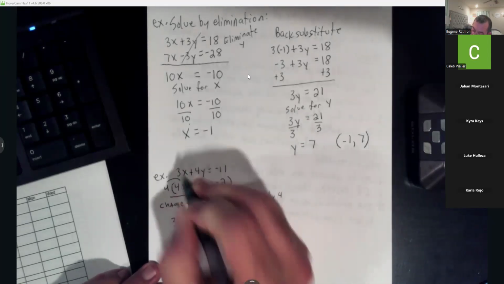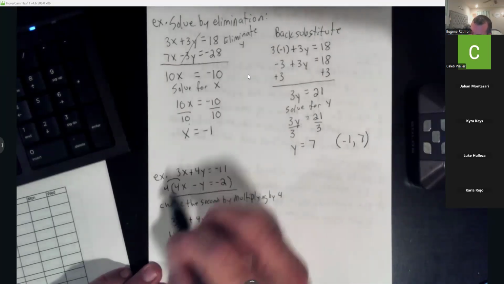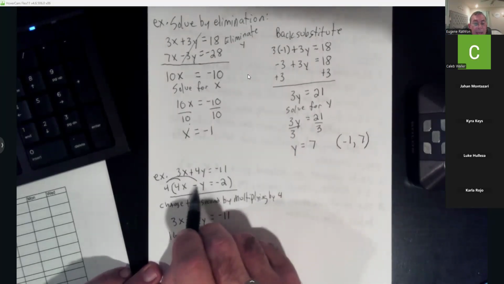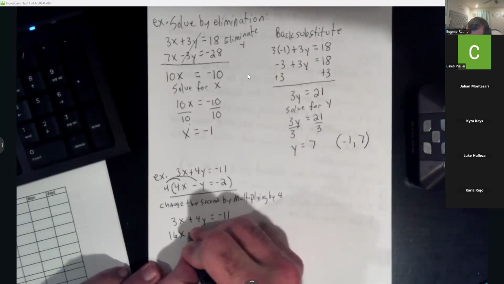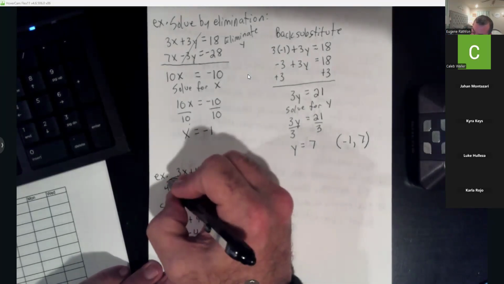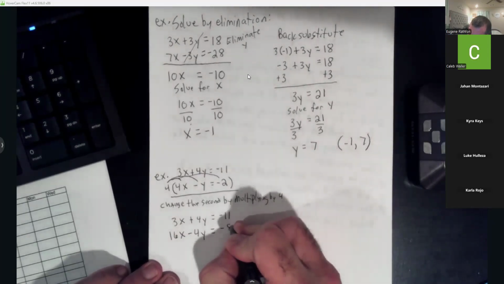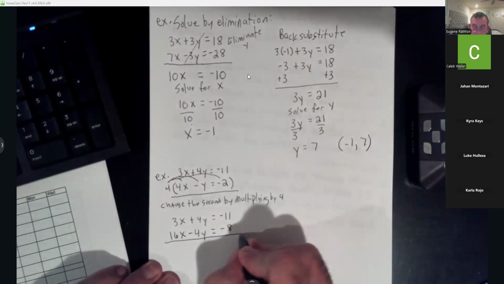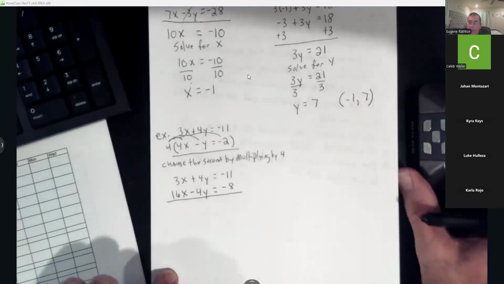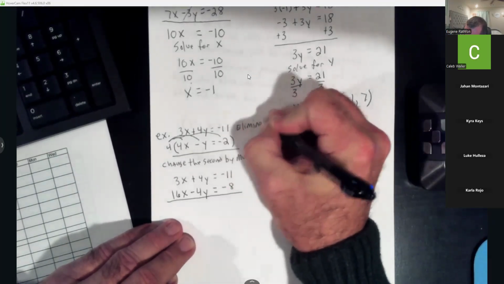So 4 times 4 gives me 16x. 4 times a -y gives me a -4y. And then on the right side, 4 times -2 is a -8. All right, now, so let me say up here, I forgot to put it, but I'm eliminating the y.